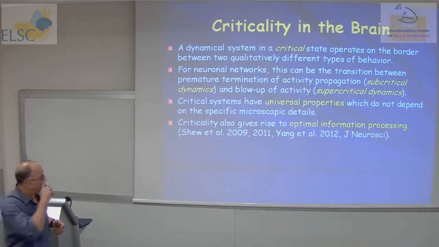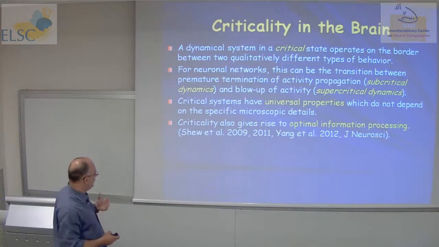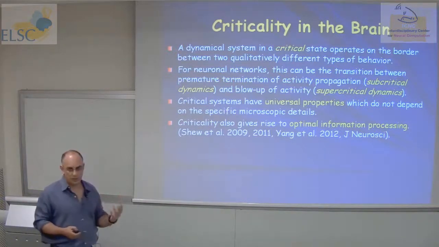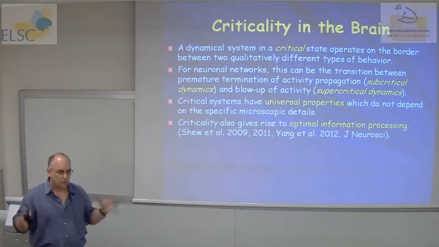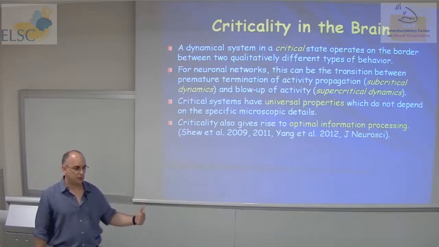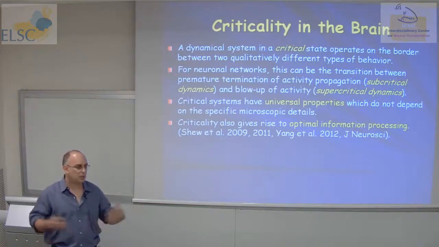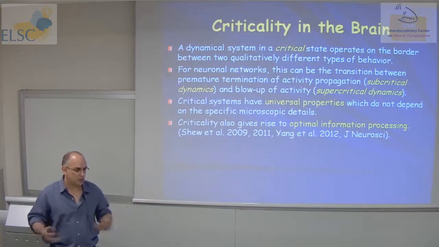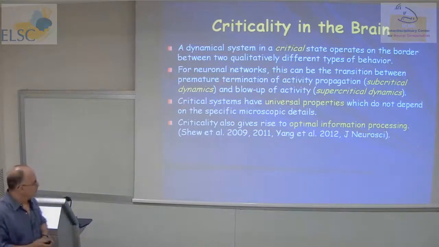I mean, you can tell a lot without having to know all the details. And criticality is also associated with optimal information processing. It depends on the context. This is a very broad term, but it can be high sensitivity to external inputs in the context of sensory representation. It can be a larger repertoire of representations in the context of memory and also in sensory processing.